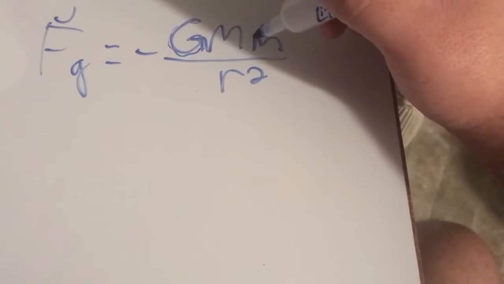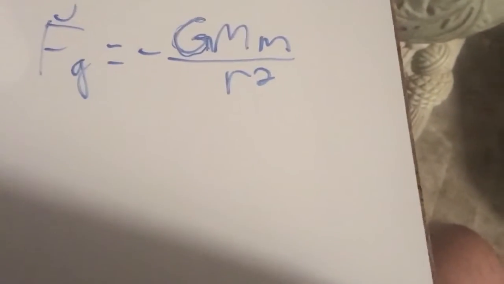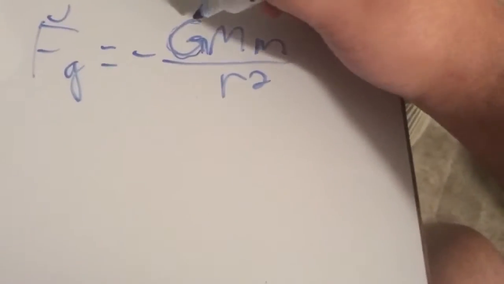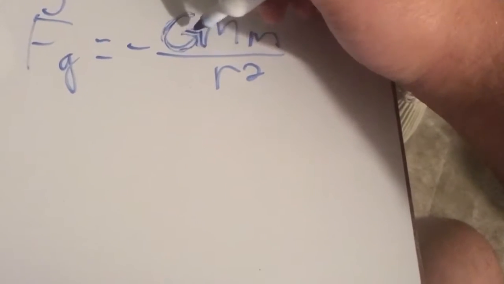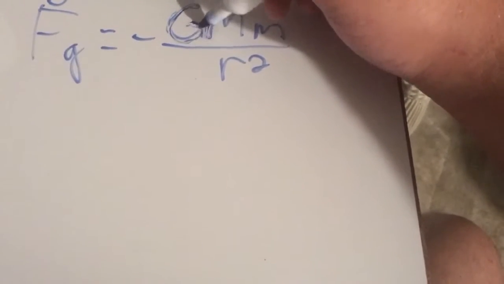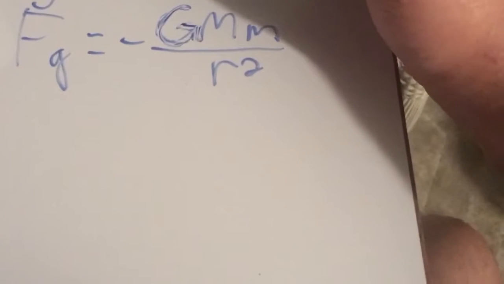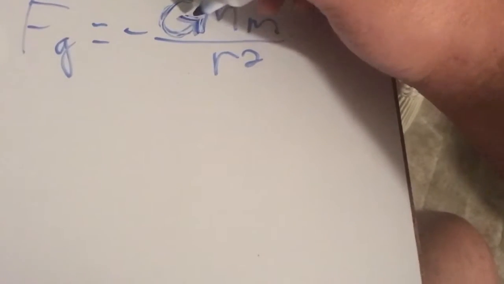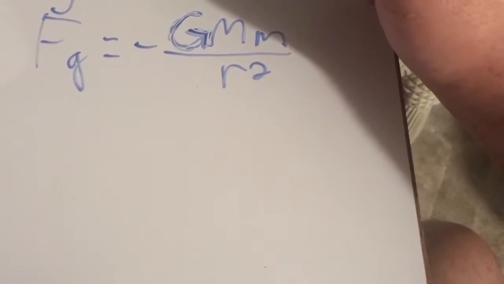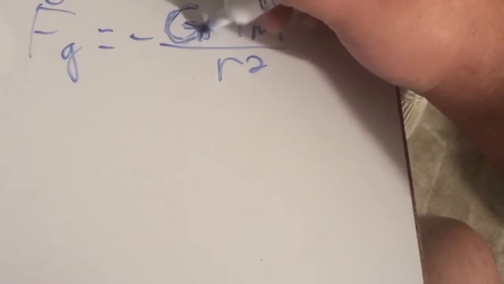It's not the unit of newtons. So there must be some extra terms that are hidden, that you must discover through experiment. Isaac Newton didn't know how to actually solve for this constant, the gravitational constant, but a guy named Henry Cavendish did.